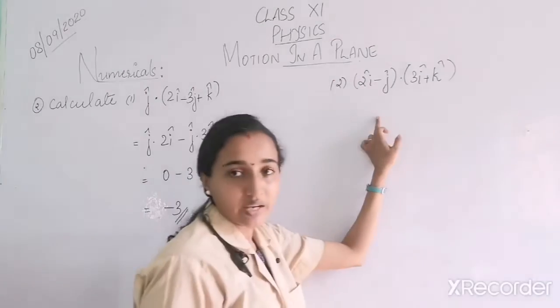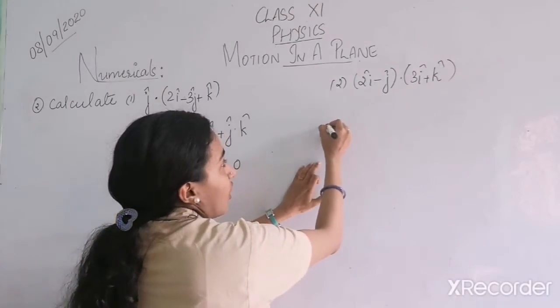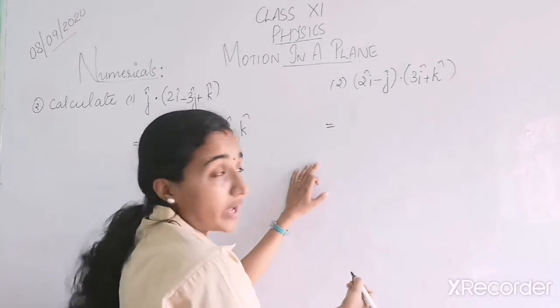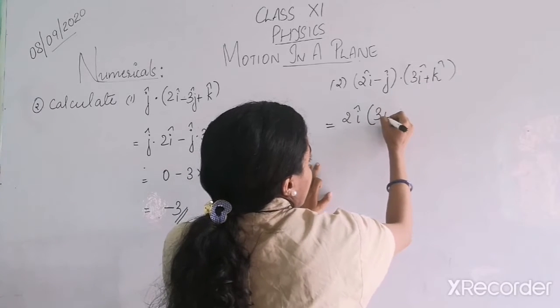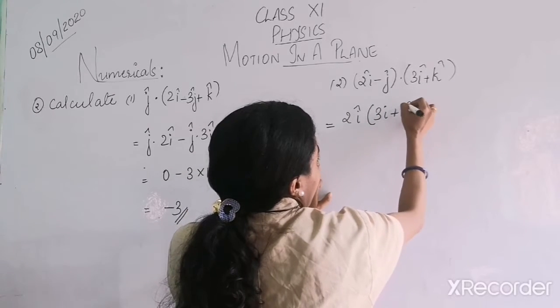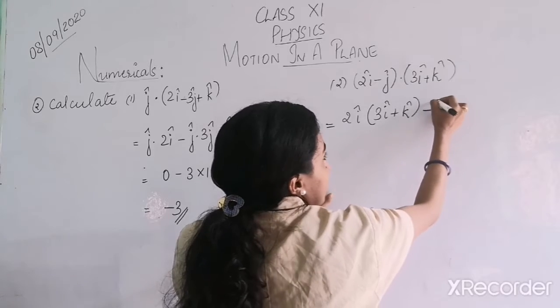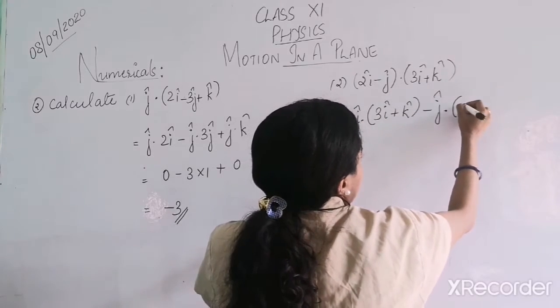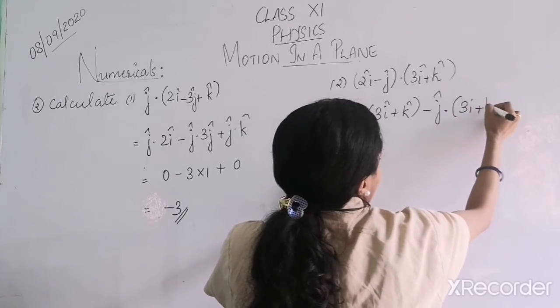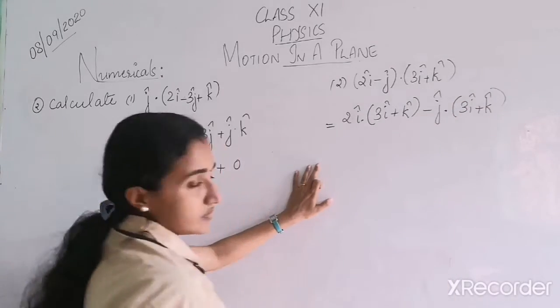Now come to your next question. Here, open the bracket as it is: (2i) dot (3i + k) minus (j) dot (3i + k).